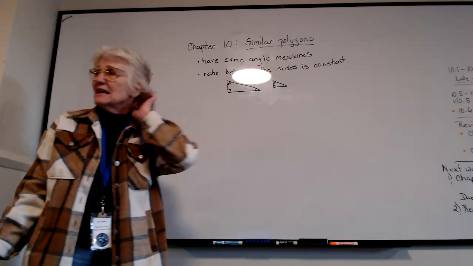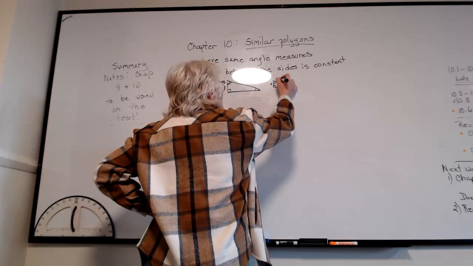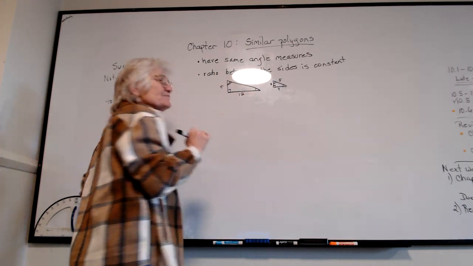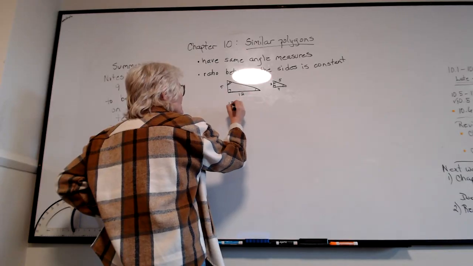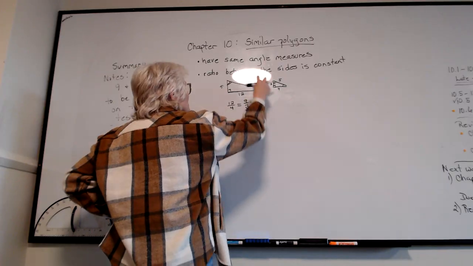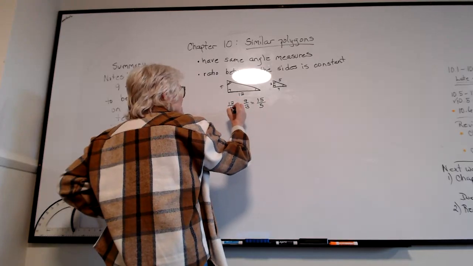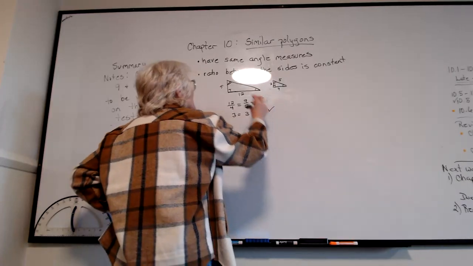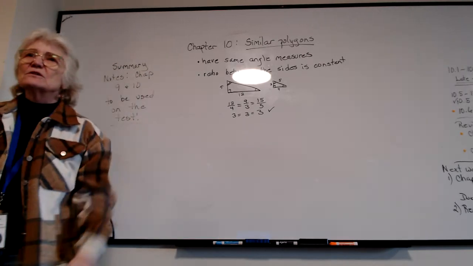If I call this 3, 4, 5, and I do this as 9, 15, and 12, notice the ratio of the sides are the same. 12 to 4 will equal 9 to 3, which equals 15 to 5. So if you look at this, this is 3, this is 3, this is 3, check. The ratios are all the same, so this is a similar triangle.